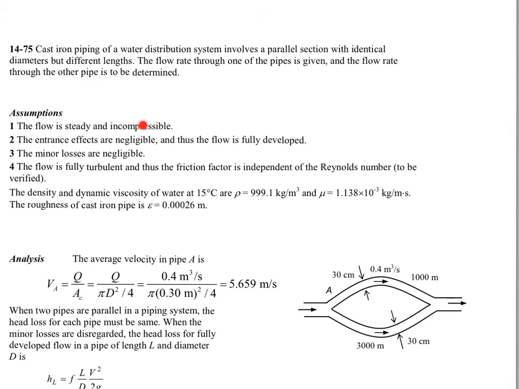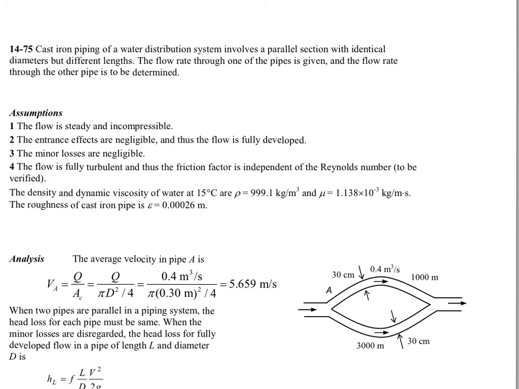Again, assumptions: steady and incompressible flow, entrance effects are negligible, flow is fully developed, and minor losses, that is bends, fittings, valves, elbows, are negligible. We are assuming that the flow is turbulent and the friction factor is independent of the Reynolds number, and this we are going to verify later on.